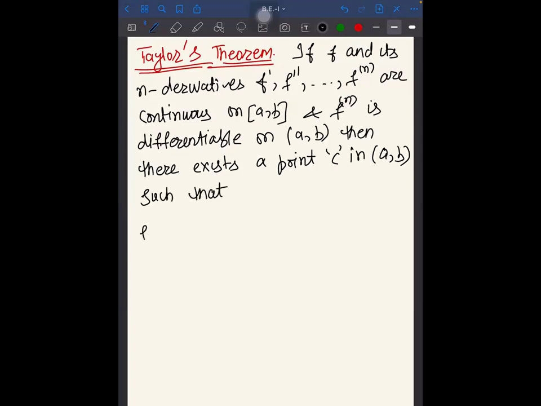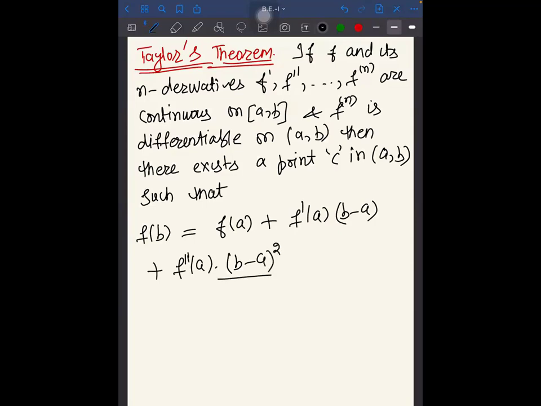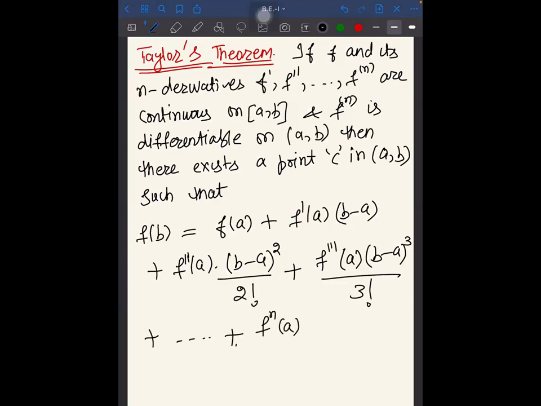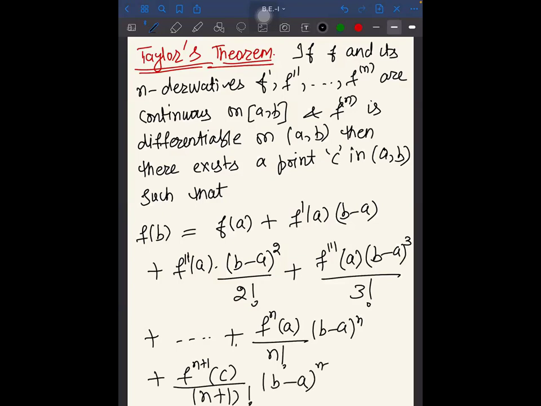And what is that thing? f(b) = f(a) + f'(a)(b-a) + f''(a)(b-a)^2/2! + f'''(a)(b-a)^3/3! + and so on, then we'll have the nth term f^(n)(a)/n! (b-a)^n, plus f^(n+1)(c)/(n+1)! (b-a)^(n+1).